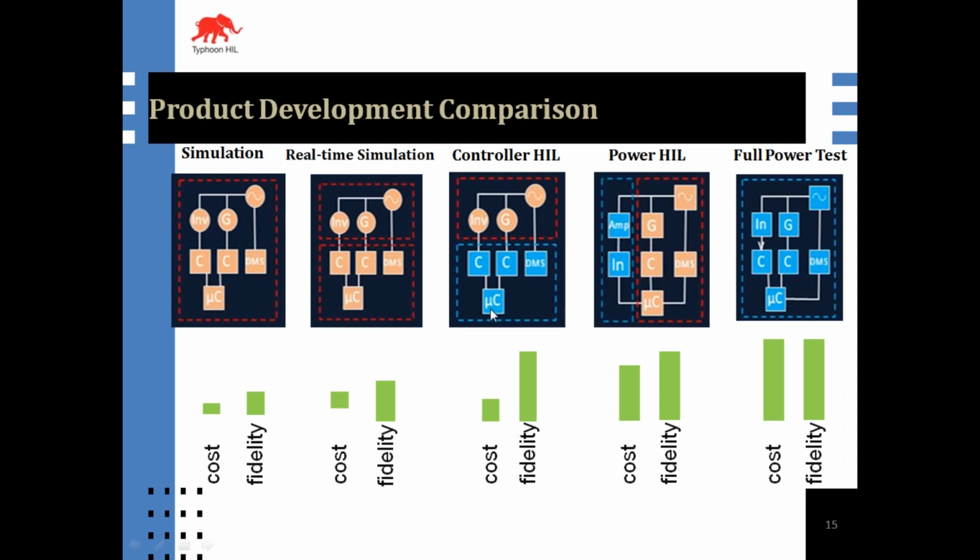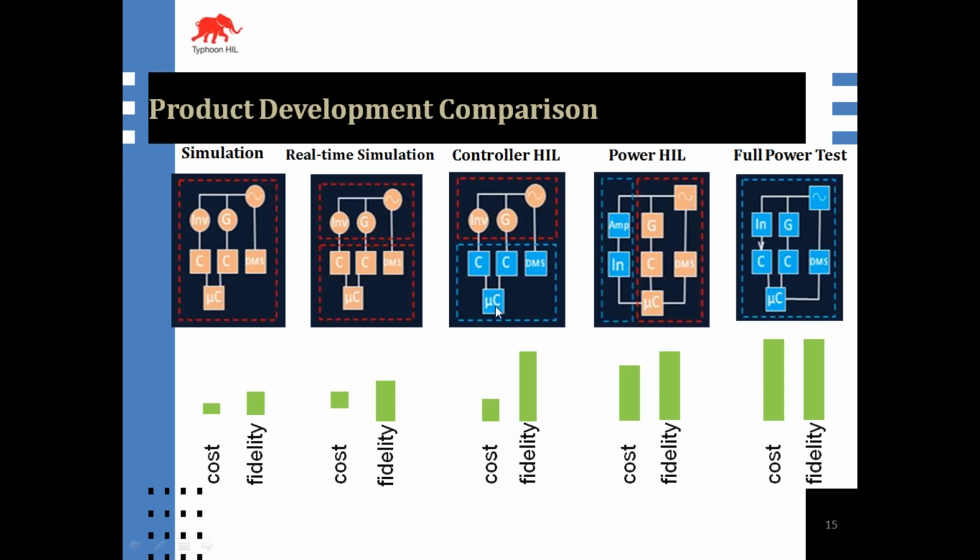So here you can see the cost has increased a bit, and the fidelity has almost, according to our desirable results, reached our target. So I think these three steps are much more popular nowadays.